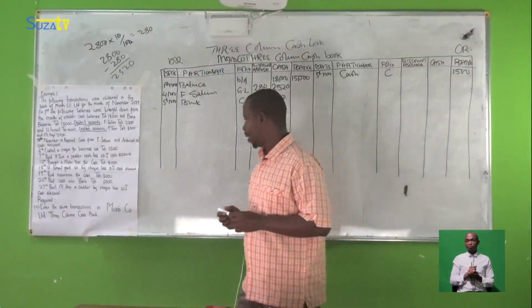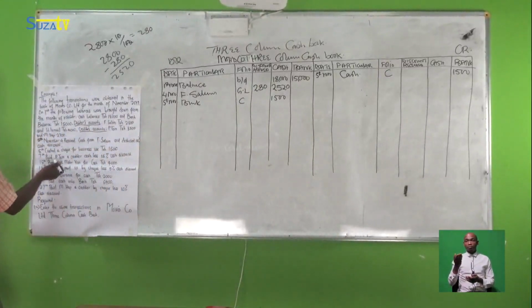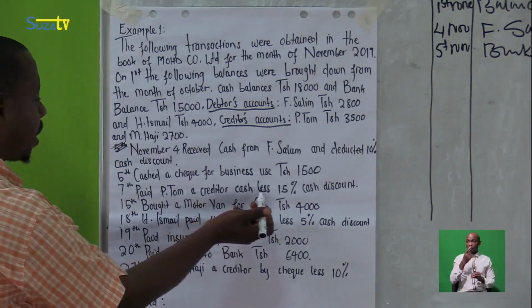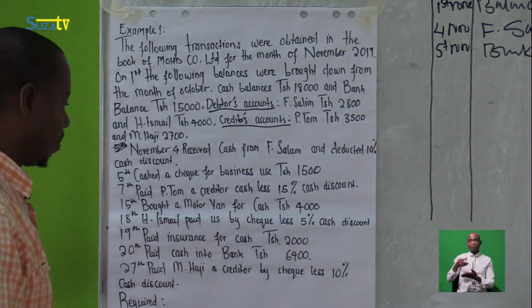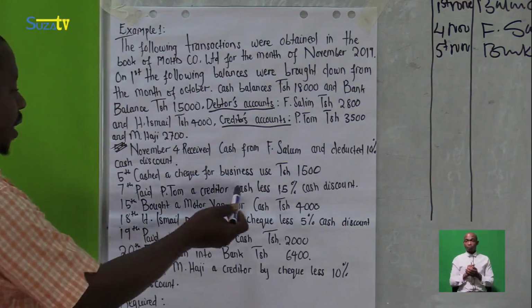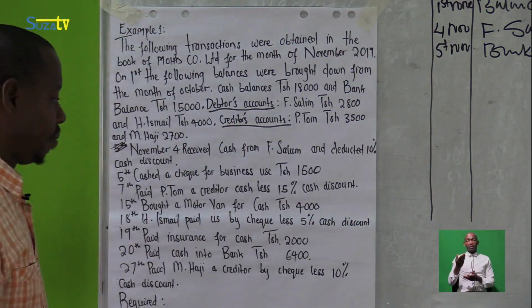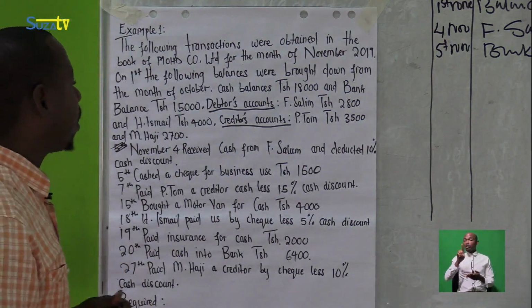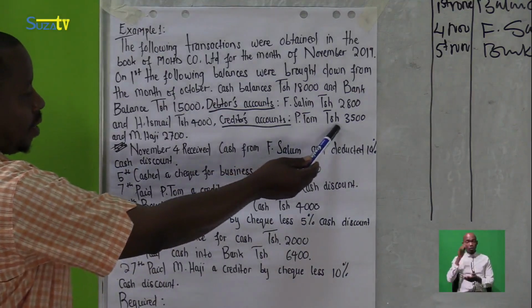Okay? Another transaction: paid P. Tom, a creditor, cash less 15% cash discount. I think you know P. Tom is a creditor.